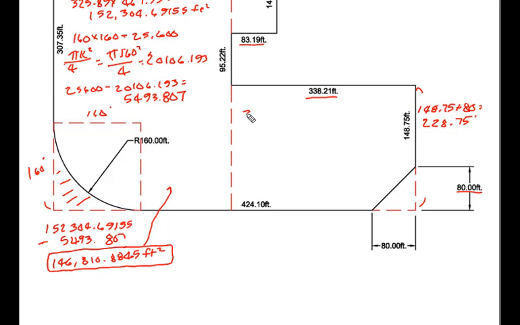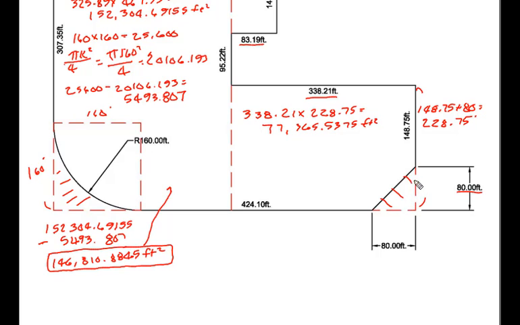So if we say 338.21 times 228.75 equals 77,365.5375 square feet. We need to find the area of this triangle to take it out of this total.